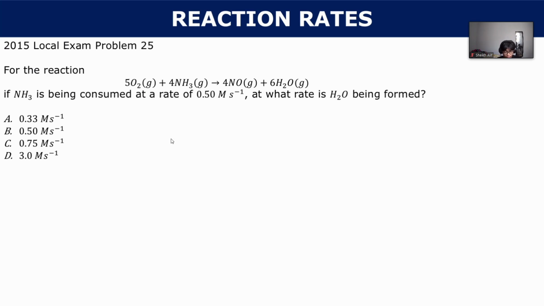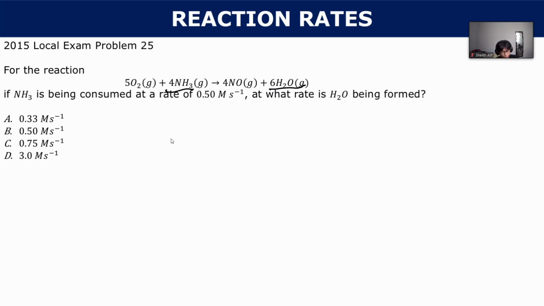Let's move on to one more question. For the reaction, blah, blah, blah, if NH3 is consumed at a rate of 0.5 molarity per second, at what rate is the water being formed? Well, again, NH3 is going to have a coefficient of 4, and H2O is going to have a coefficient of 6.